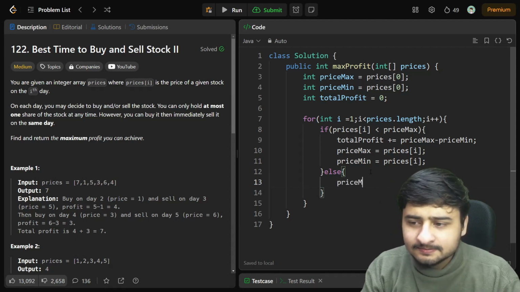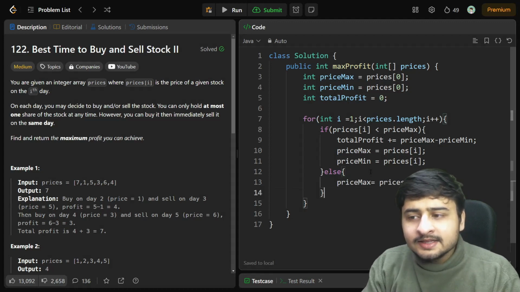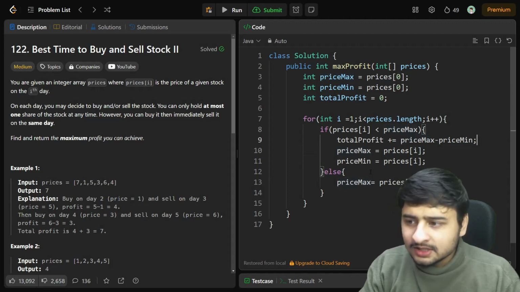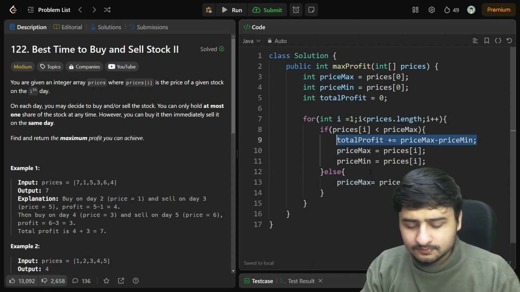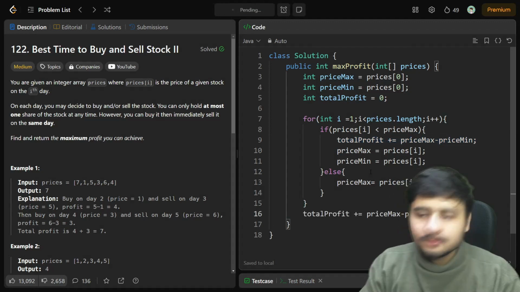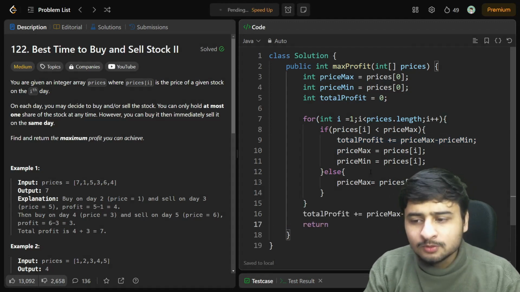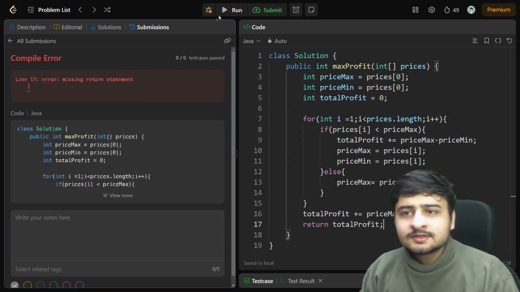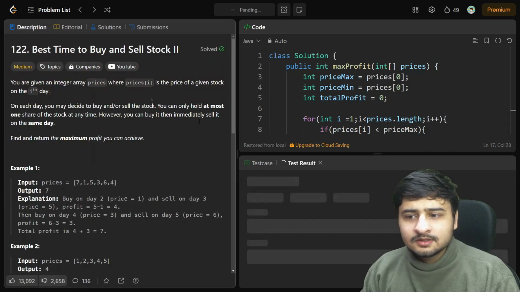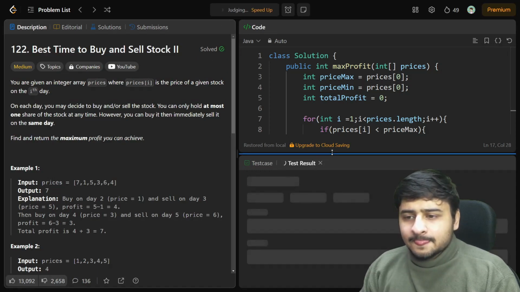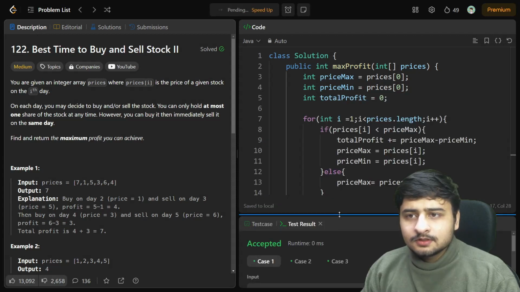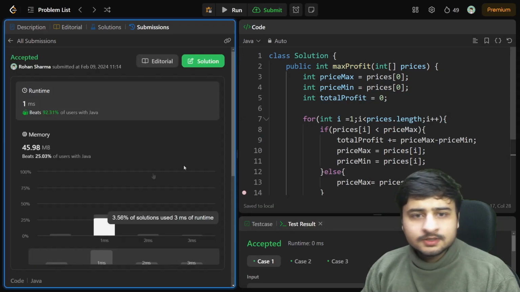So price max is equal to prices of I, right? And in the end, we are going to close the last transaction as well. Close the last transaction and return the total profit. Let's run it now. Accepted, and let's now submit this. And it should clear the test cases, of course.